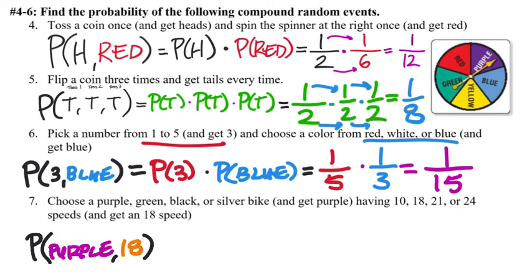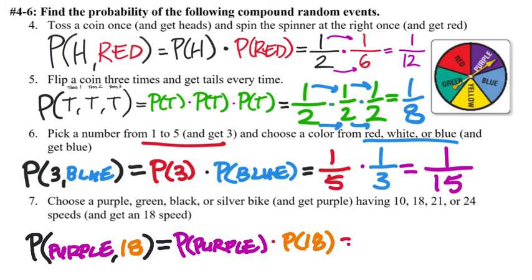So choose a purple bike that's an 18 speed. Again, I don't know why you'd be choosing bikes randomly, but here we go. So we're going to figure out the probability first of choosing purple, and then we'll figure out the probability of choosing an 18 speed bike.